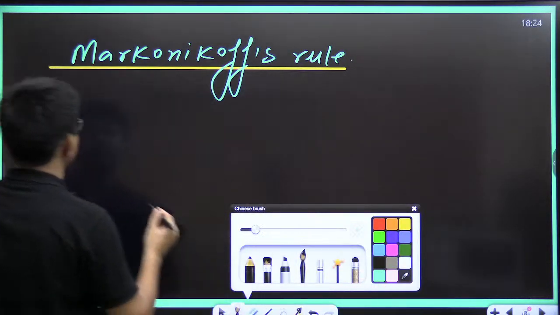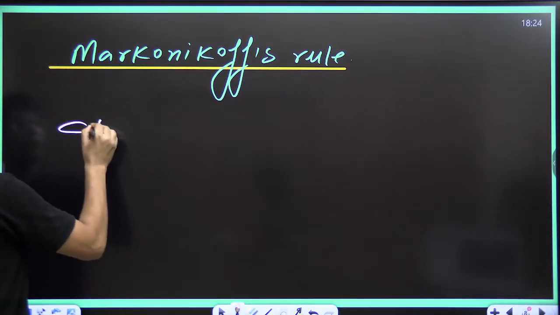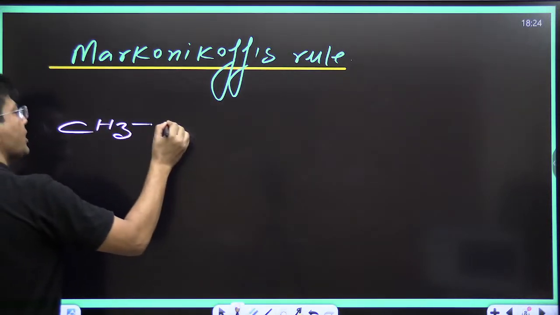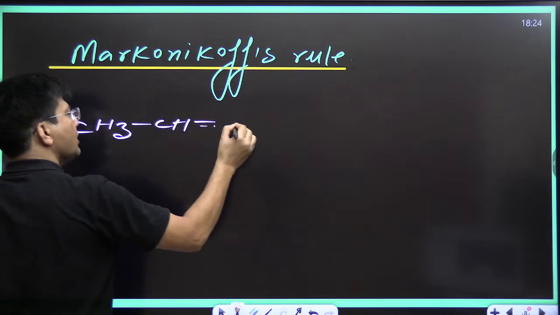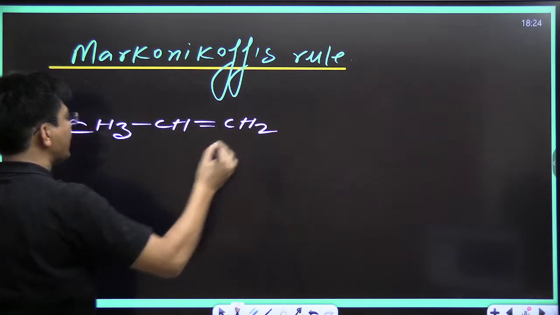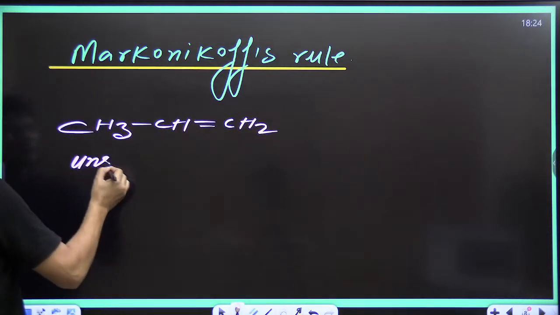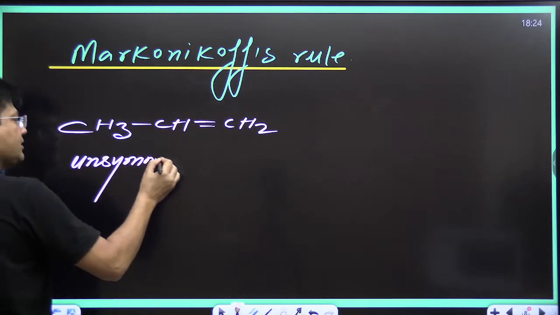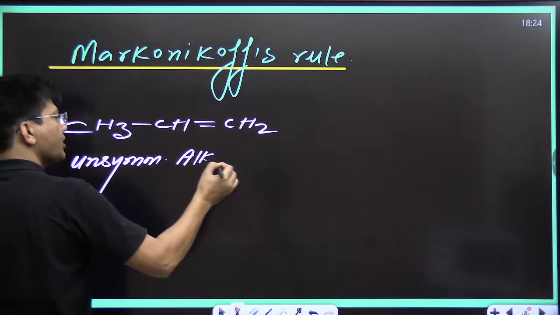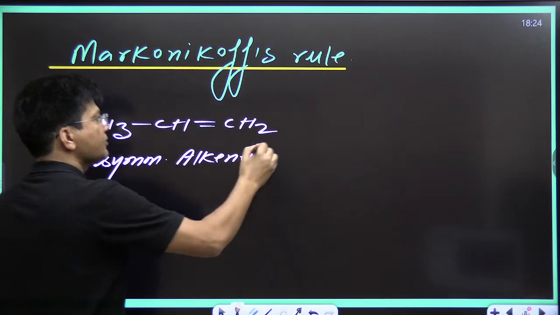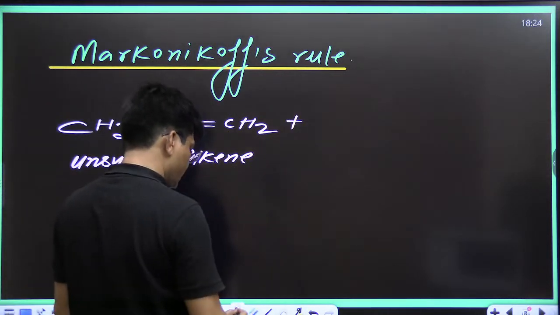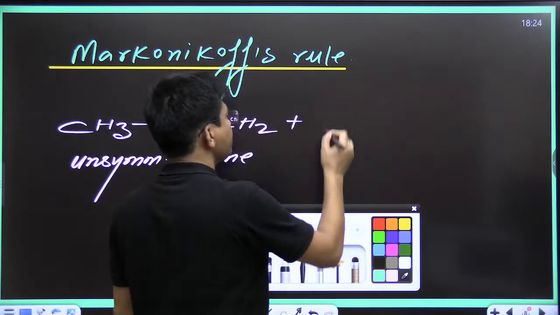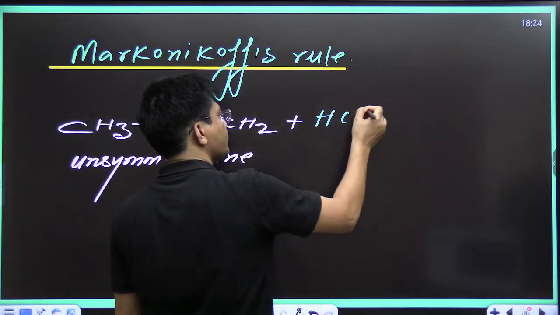This rule says that if you are provided with an unsymmetrical alkene, plus an unsymmetrical reagent, let's suppose HCl.